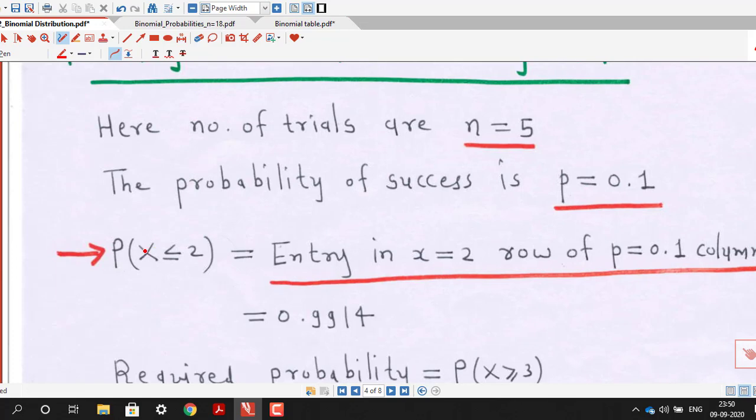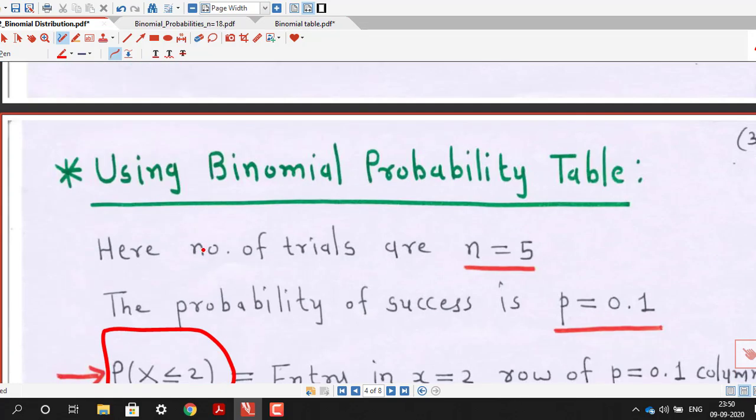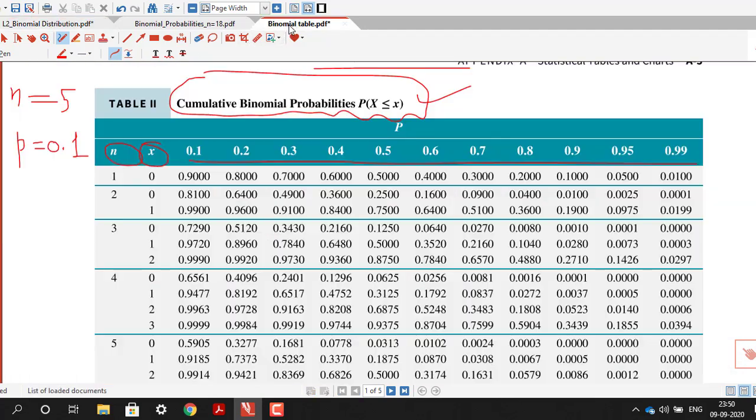And we want to find out probability that capital X is less than or equal to 2. So if we compare with this, small x is 2. So here we write small x equal to 2. So we require these three values to decide this probability that capital X is less than or equal to 2.